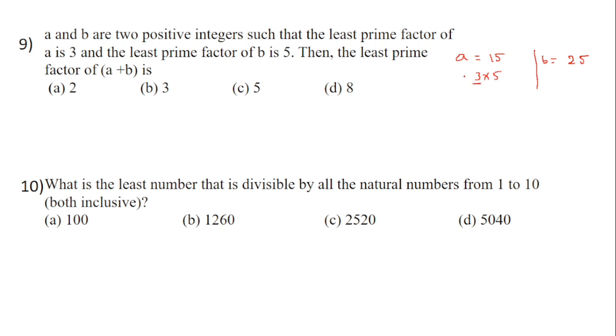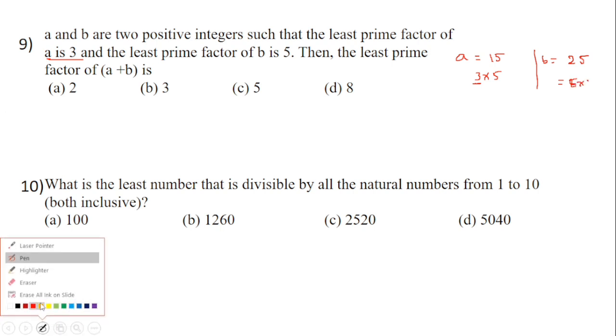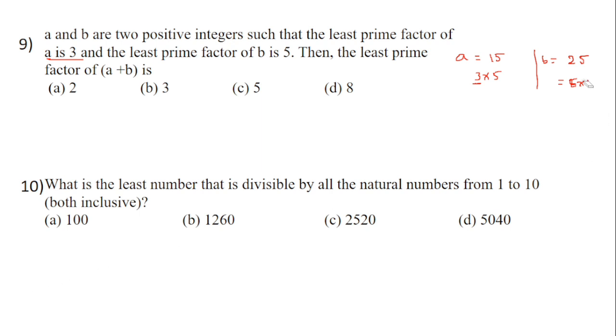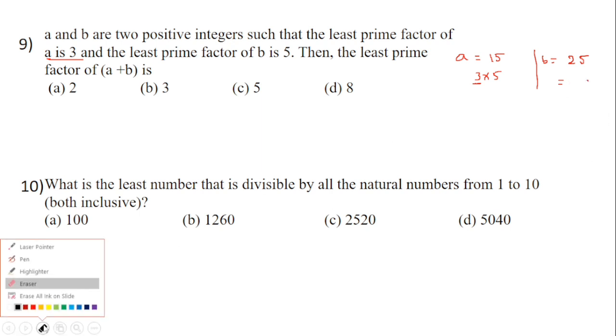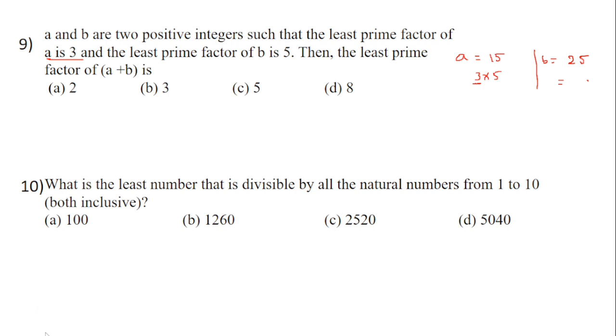The least prime factor is 3, according to the question. Yes. And B is 5 into 5. According to the question, the least prime factor of B is 5. Yes, fine. Now they are talking about the least prime factor of A plus B.